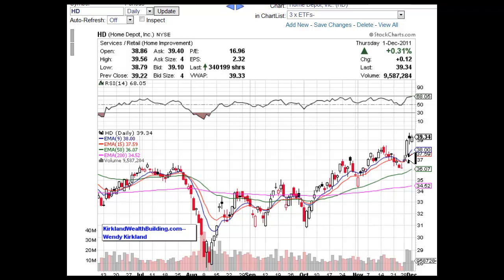So you are able to see how this stock has performed since, say, the 1st of October. It has been in a nice uptrend, and it has climbed up. It has had a point where it dropped for a few days, and then it has resumed its uptrend. The EMAs over here show averages. The 9 EMA is the average of the stock movement over a period of 9 days.